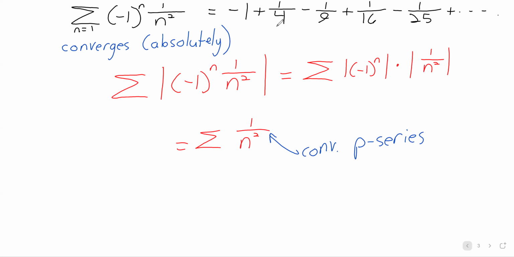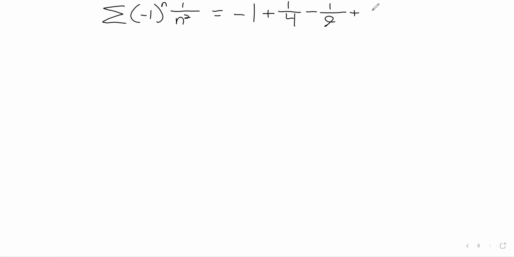Just looking at this example, let me go to a fresh slide. 1, 4, 9, 16, 25.